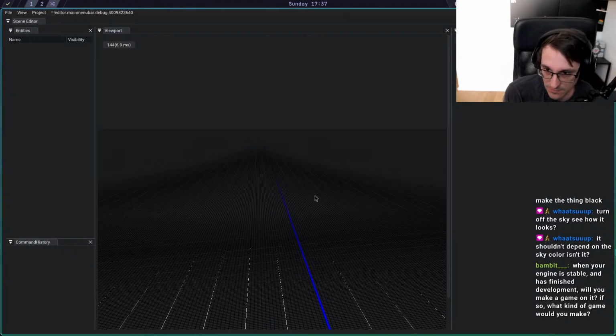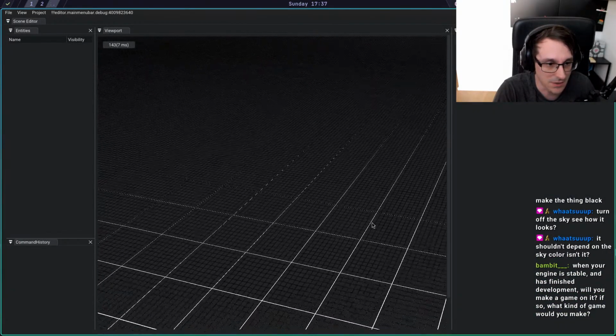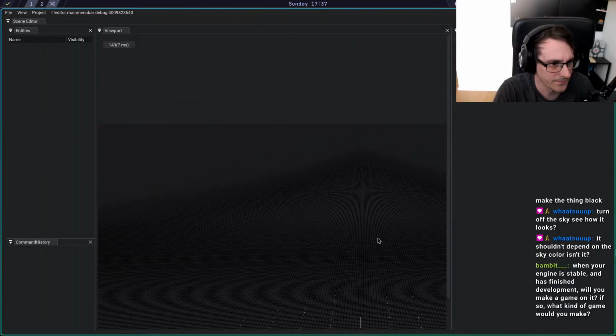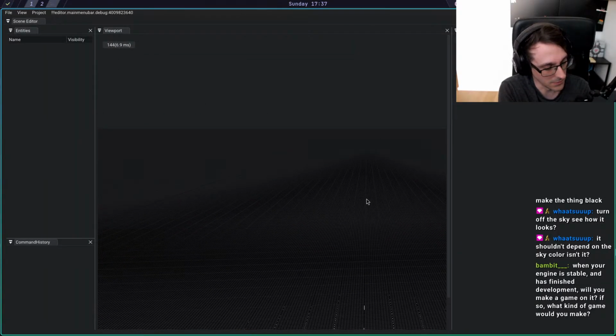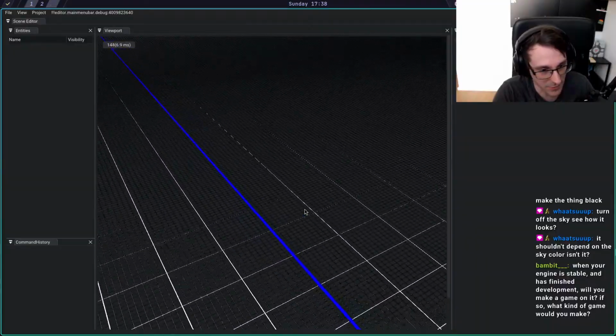Hey Bambit, nice for dropping in. When the engine is stable, yes, the plan is it hopefully should be stable in the next couple of versions. So currently I am just polishing this, but after that I will, after the grid, which was a side story, like side quest, we go back to the terrain, fix the physics for the terrain, and then I have a game in mind that will utilize the volumetric terrain.